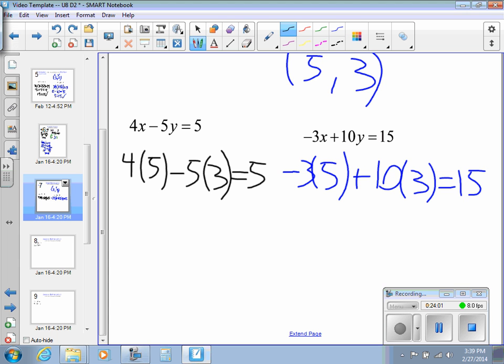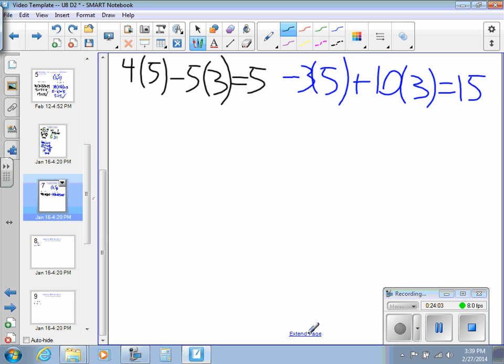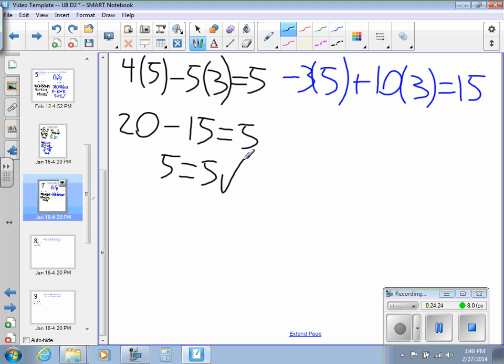Okay, so let's come over here. 4 times 5 is 20. 5 times 3 is 15. Equals 5. 20 minus 15 does in fact equal 5. And 5 equals 5. That one checks.